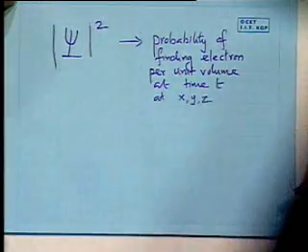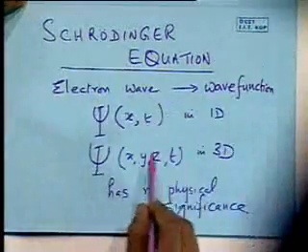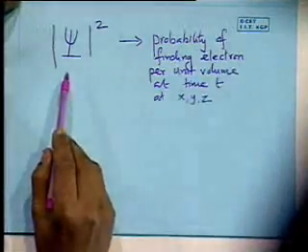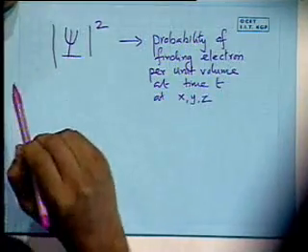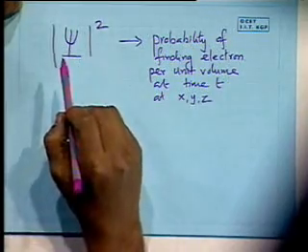Remember, we had defined psi as having x, y, z and t coordinates, and so the amplitude squared gives us the probability of locating the electron at any position x, y, z at a time t.